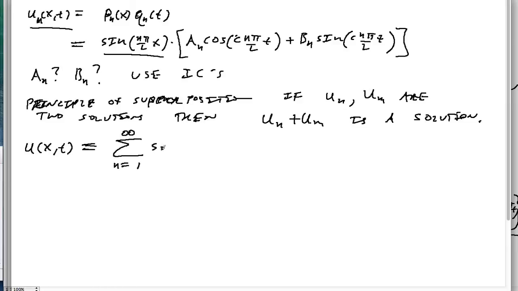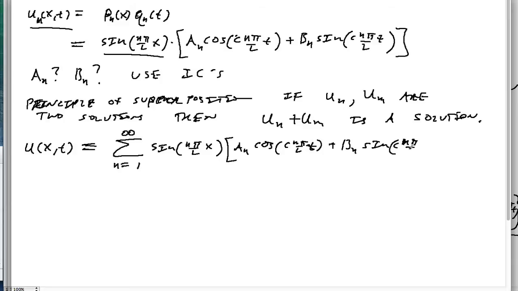That's sine n pi over L x times the quantity a_n cosine c n pi over L t plus b_n sine c n pi over L t, all with a parenthesis there. So that, of course, is our series solution.